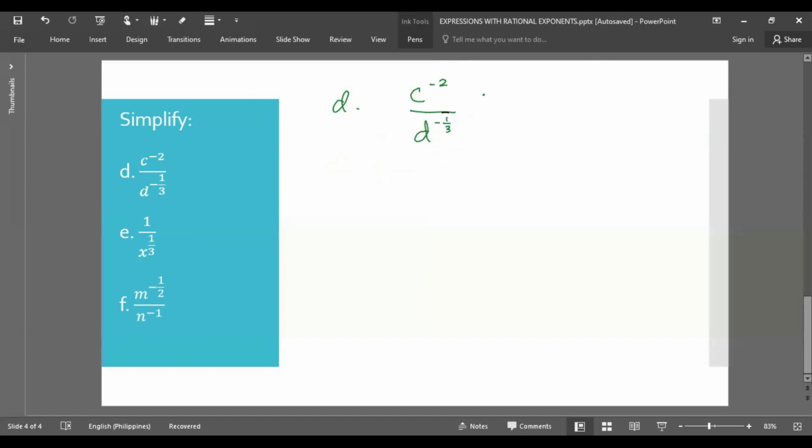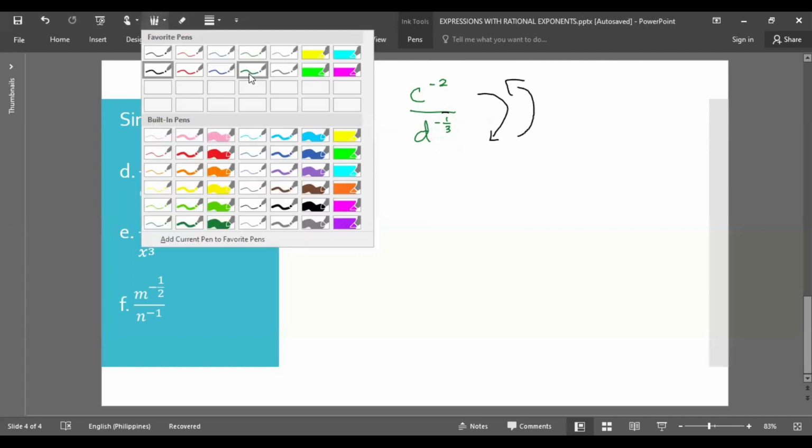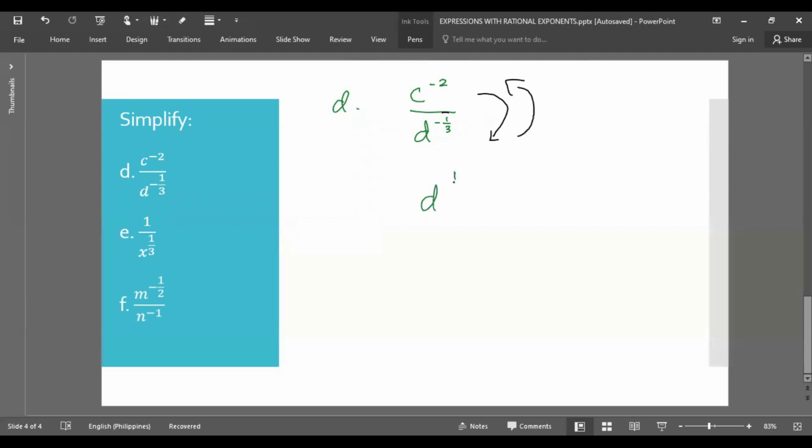So, to do that, we can simply get the reciprocal of this expression. Remember that if the exponent is negative, you may simply get the reciprocal of that expression to make the exponent positive. Okay? So the numerator becomes the denominator and the denominator becomes the numerator. So we have now D raised to 1/3 over C raised to 2.